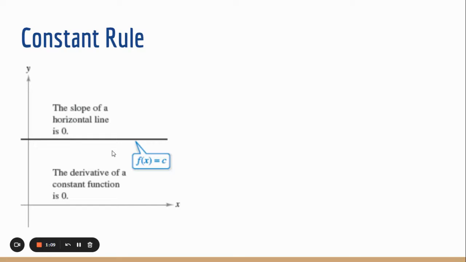So if we have a horizontal line, that's the function, and then the slope of the tangent line is just going to go right alongside that function, and that's going to be 0 as well in terms of the slope. So that's why it doesn't matter if it's up here at 5 or down here at -3 or at 0. If you're dealing with a constant, then the derivative will be 0.